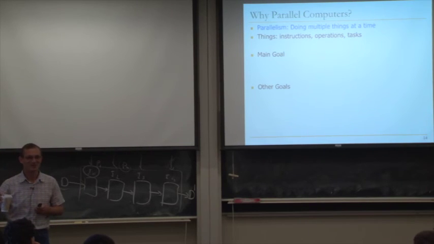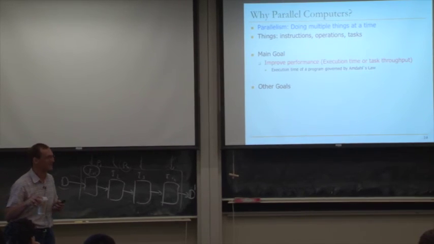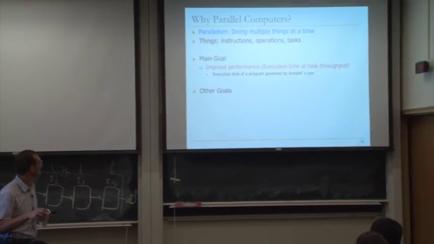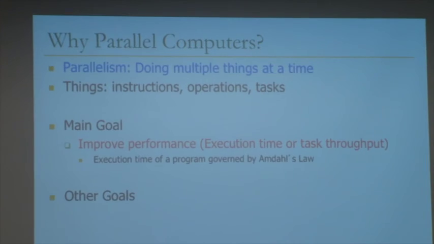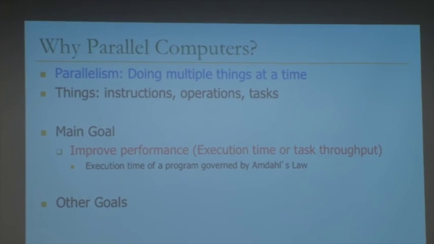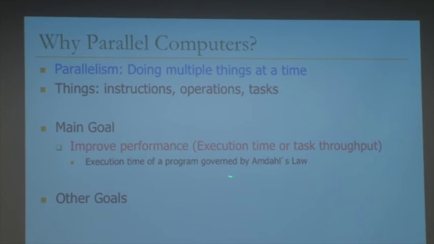I heard something like speed up. Yes, improving performance, right? Either execution time or task throughput. That's the main goal. And execution time, as you know very well, hopefully, from the very beginning of your education, is covered by Amdahl's law. And we'll get back to that today.